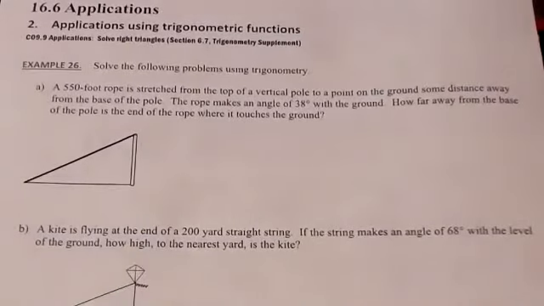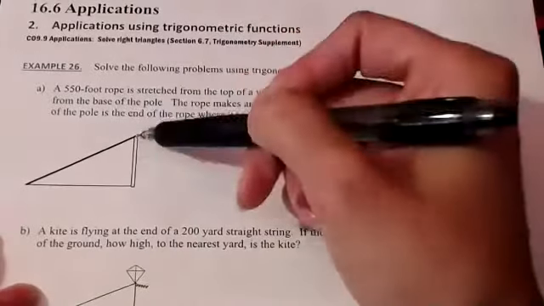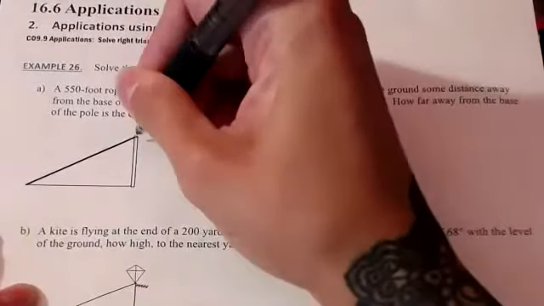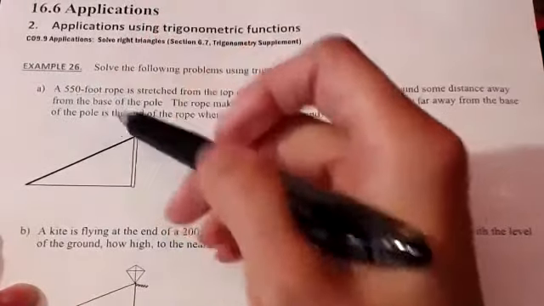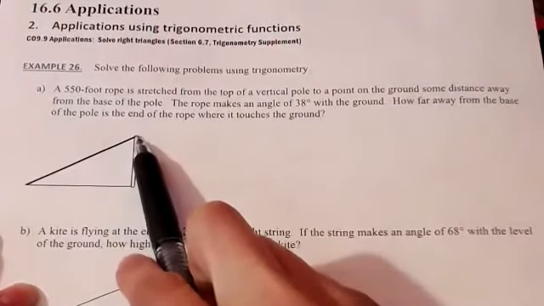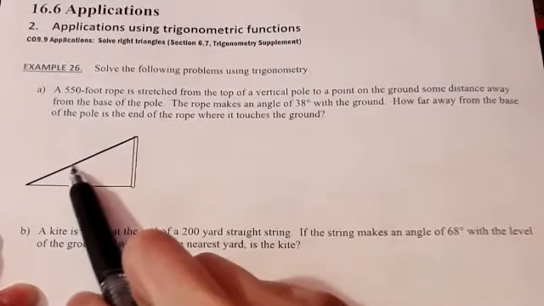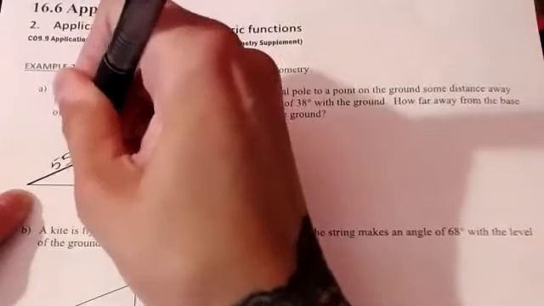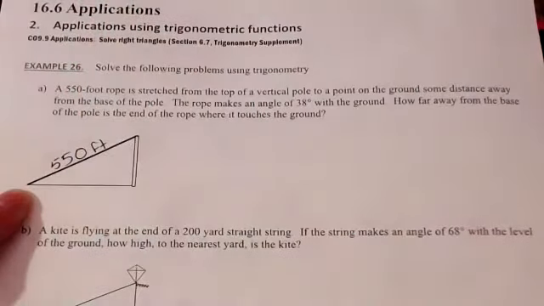A 550-foot rope is stretched from the top of a vertical pole to a point on the ground some distance away from the base of the pole. So here is our pole, and we have a 550-foot rope stretched from the top of the vertical pole to a point on the ground. I'm going to note that this is 550 feet.